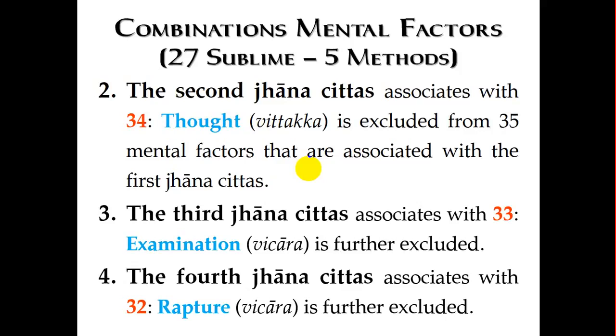Apamanya, the unlimited. Up to here, I know you're clear, right? Because the moment you attain the second jhana, there's no thought, so we have to exclude thought. The moment you are in the third jhana, no vicara. The moment you are in the fourth jhana, no zest or rapture, right?